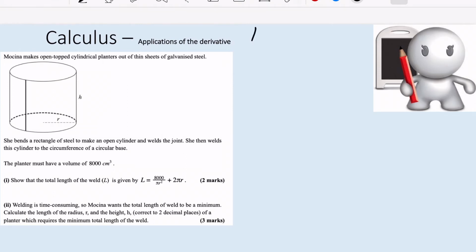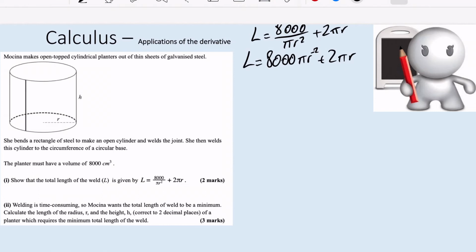Alright, so I'm going to start at L equals 8,000 over pi r squared plus 2 pi r. Okay, before I differentiate, so it's 8,000 pi r to the negative 2 plus 2 pi r. And now let's differentiate. So dL/dr, we're differentiating with respect to r. Now the 8,000 stays as it is, that's a constant.